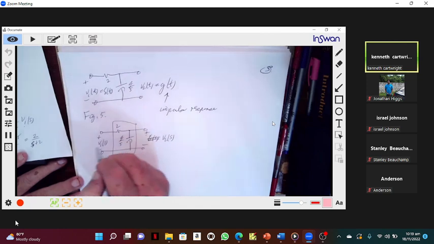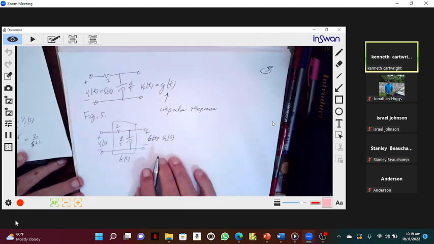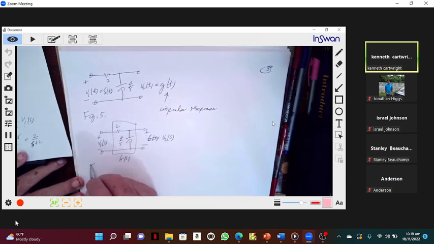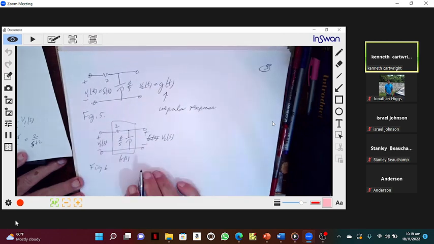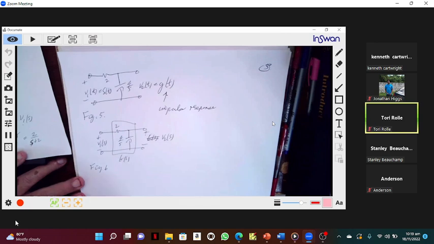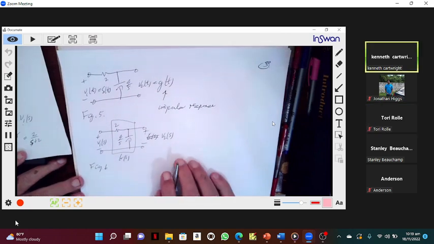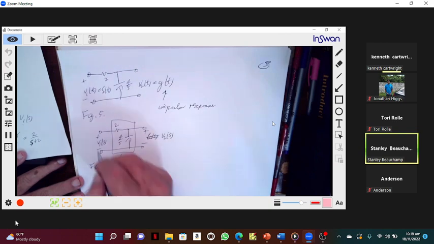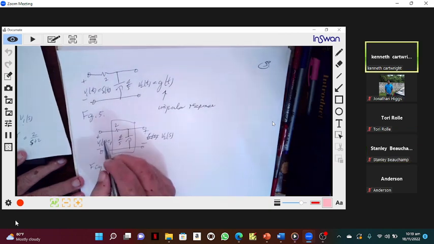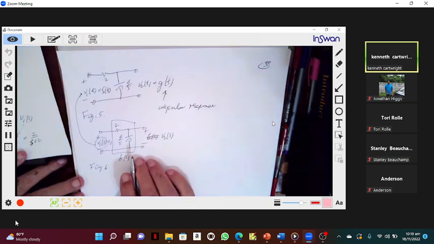And there's V1. What's V1 of s? V1 of s is just one. V1 of s is the Laplace of v1 of t.